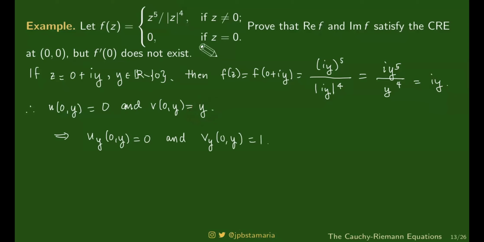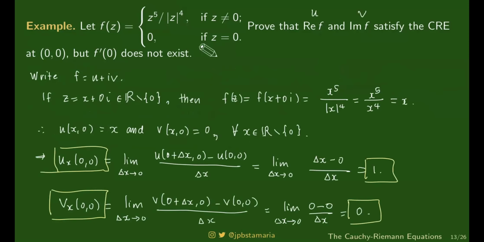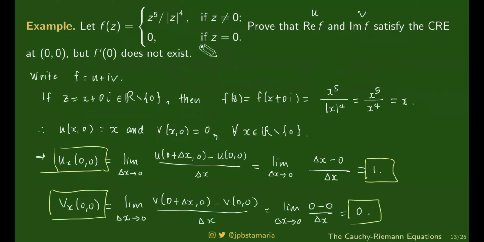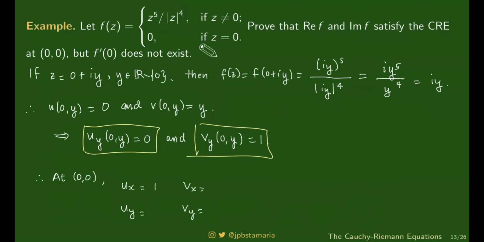So meron ka nang apat na values, no? Ano yung apat na values? Ayan, ikakahon ko. I-arrange natin siya: u_x, u_y, v_x, v_y. At the origin, u_x is 1, v_x is 0, u_y is 0, and v_y is 1.